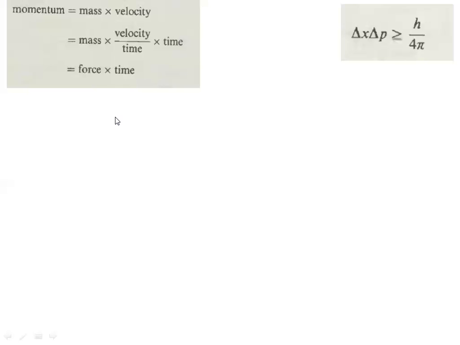So I am starting with the momentum here. I am using this one first. From this same equation I am bringing it, there is no new work inside this. So this is the uncertainty in the momentum, and the momentum is mass times velocity. Here in the second equation, I am going to multiply and divide by the time. This equation and this equation are the same, because I am multiplying and dividing by the same factor.